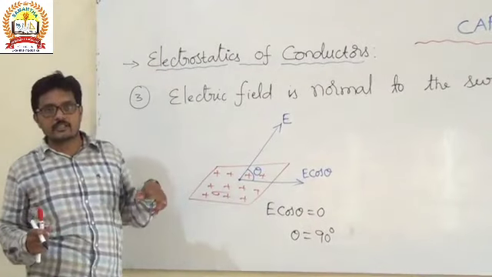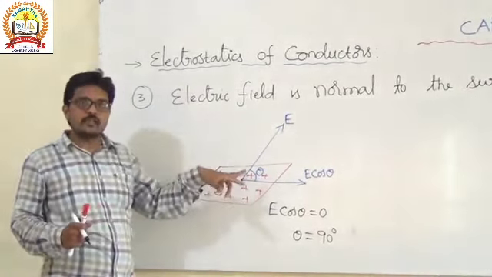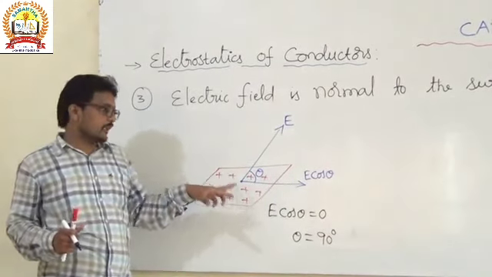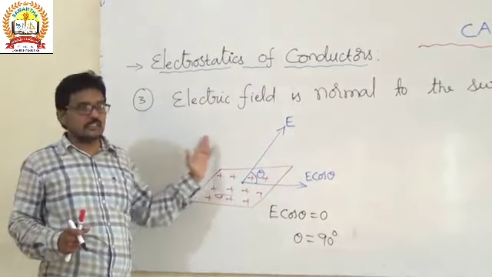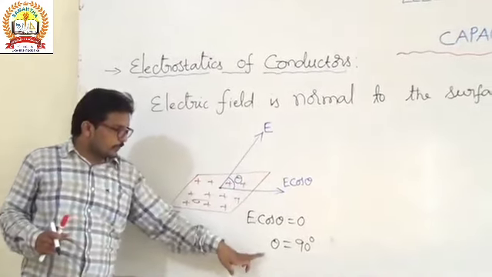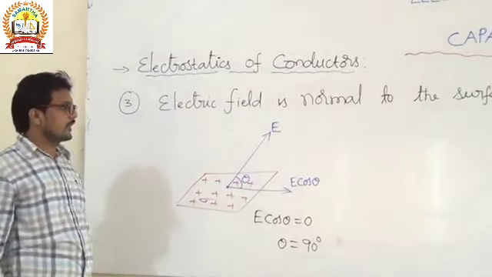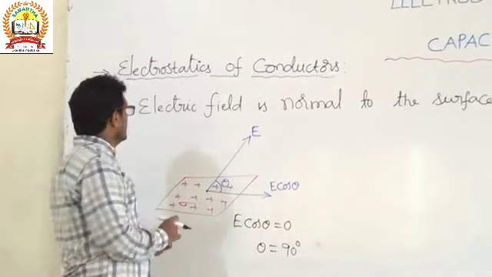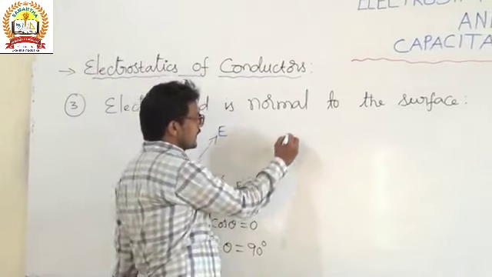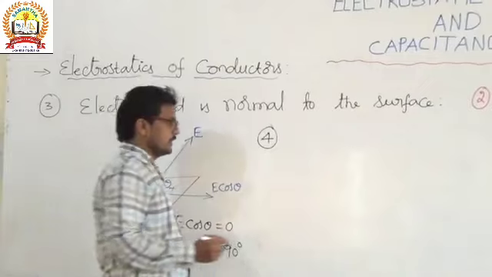One of the characteristics of an equipotential surface is that the electric field is always at right angles to it. Based on that, and mathematically too, we proved that the electric field is normal to the surface.